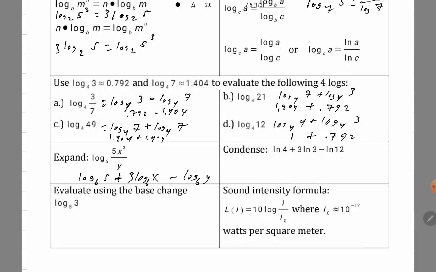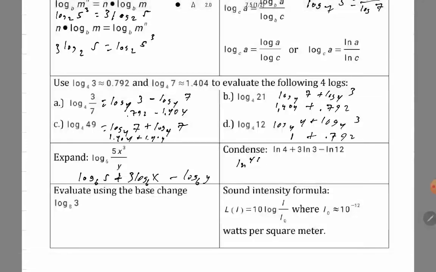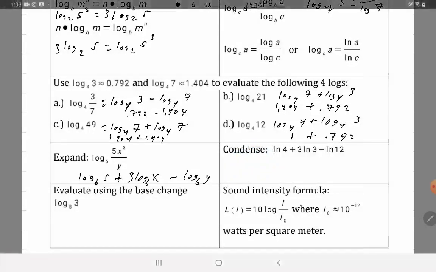Now we want to condense this, make it all one natural log. So this is the natural log of 4 times 3. Oh, wait. This would be the natural log of 4 times, sorry. This middle number is what's messing me up.